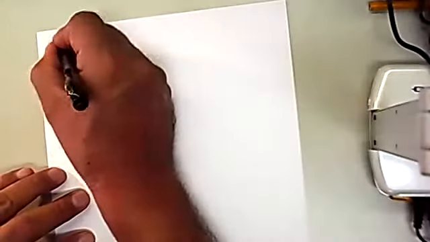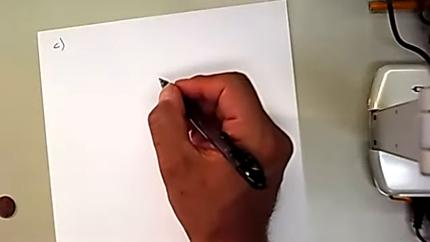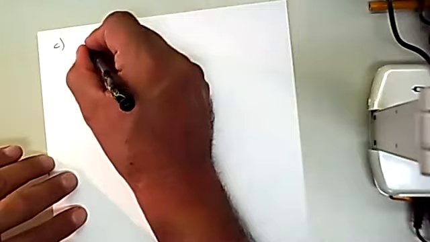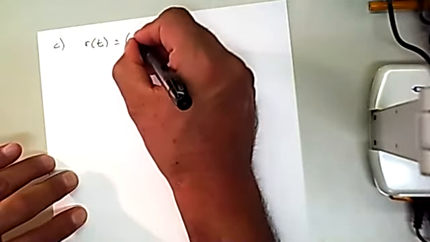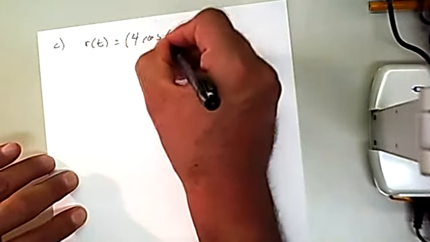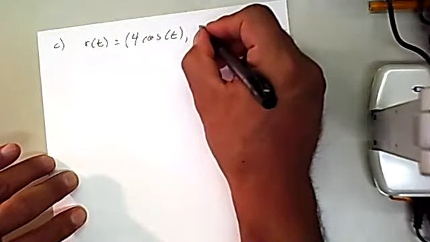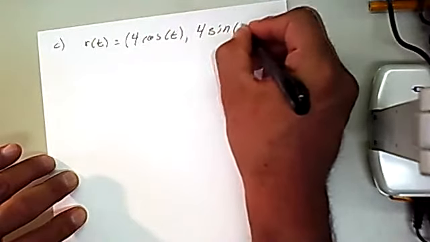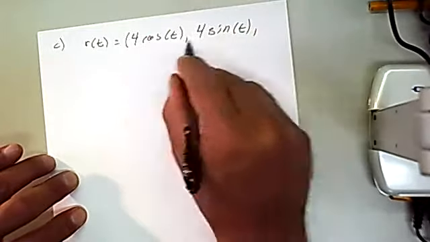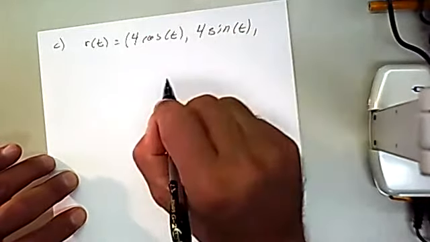Example C. So example C will be r of t equals, let's say we put 4 times cosine of t, comma, 4 times sine of t, which is a regular circle in the xy plane.